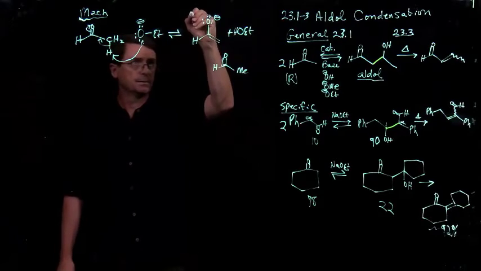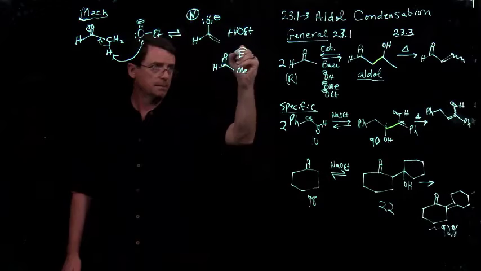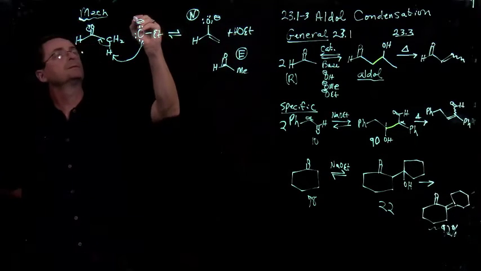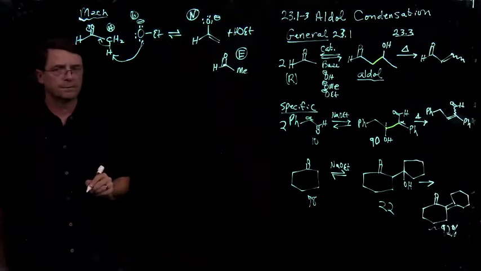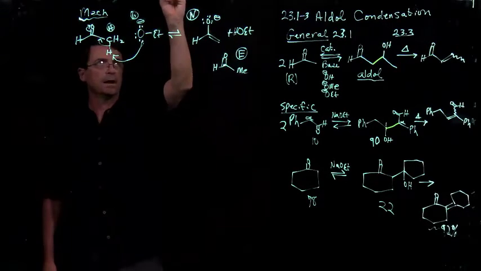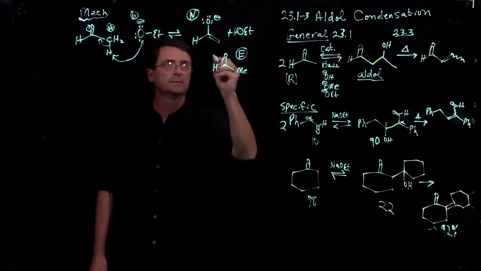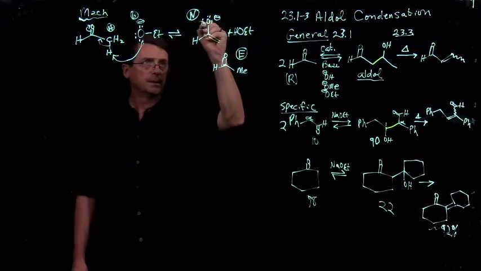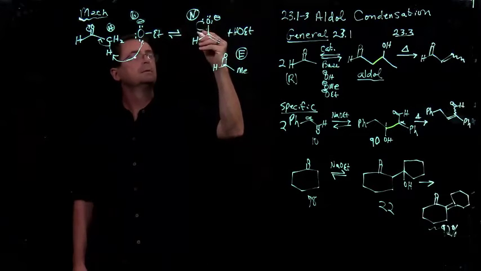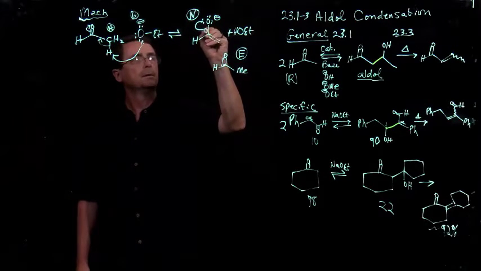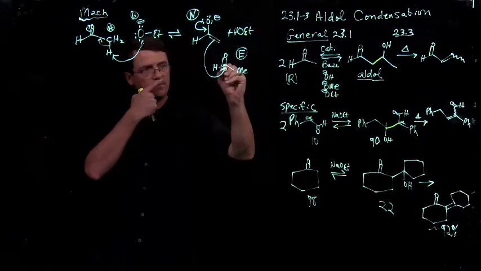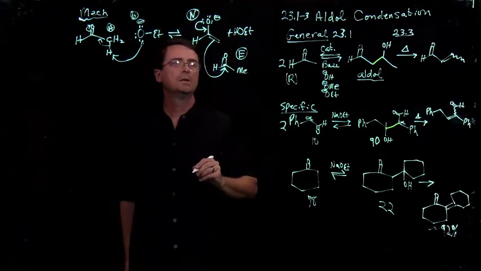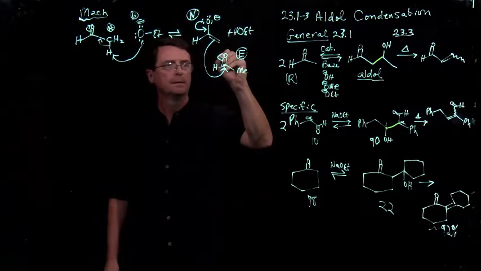So again, here's our nucleophile, here's our electrophile, and of course in the first reaction we had a base, and this was acting as an acid. So remember our mechanistic principles here: acid, base, electrophile, nucleophile. Bring the lone pair down. This swings out to form the new carbon-carbon bond.